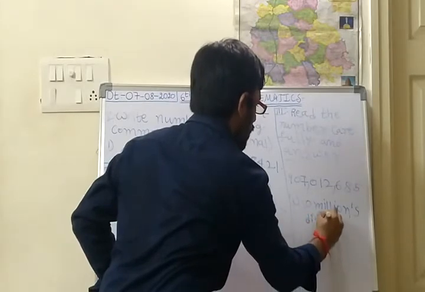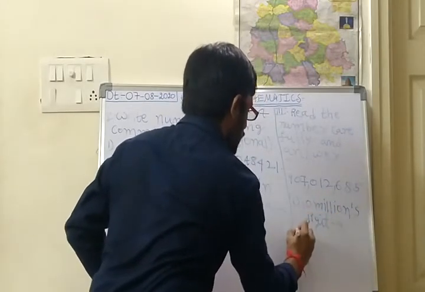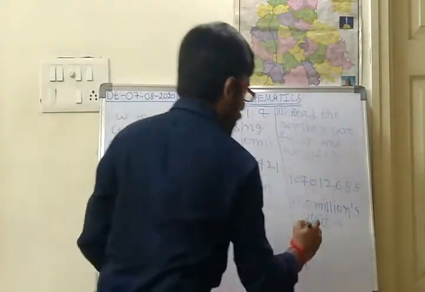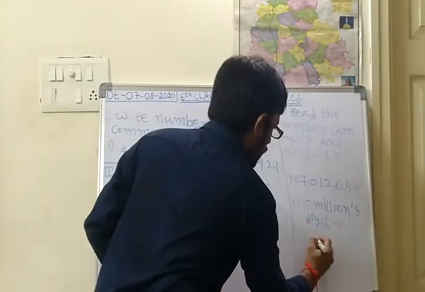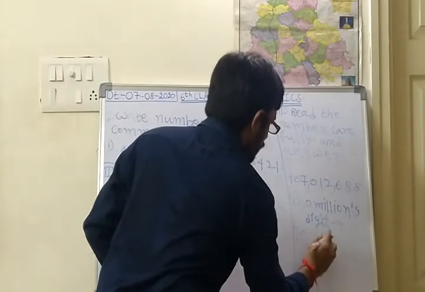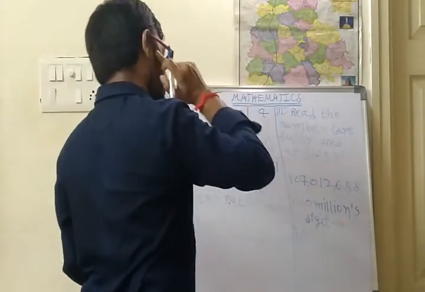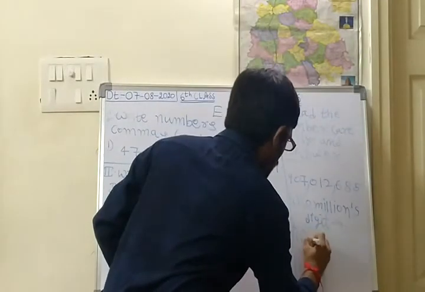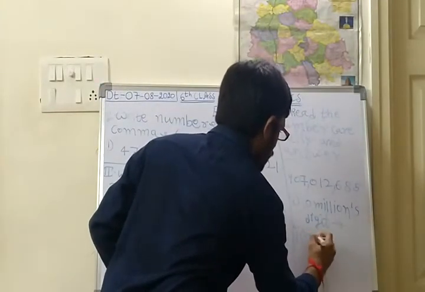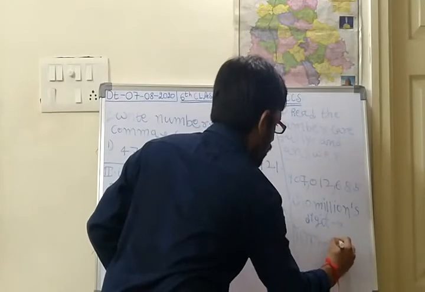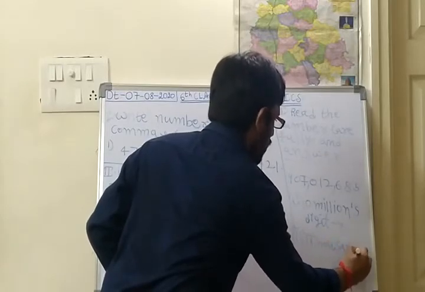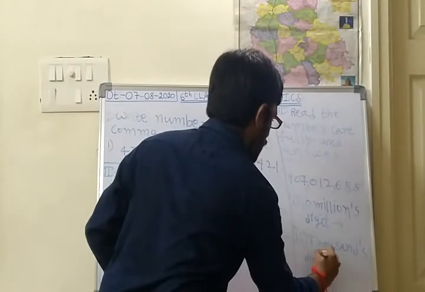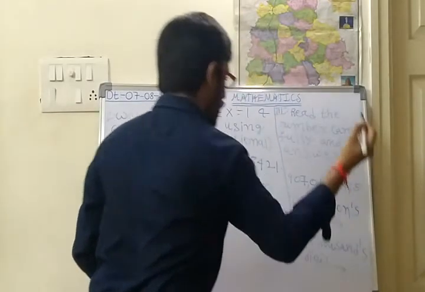And next, the second one: the thousands digit. So identify these two. These are the homework problems.